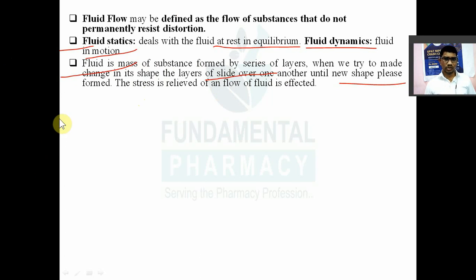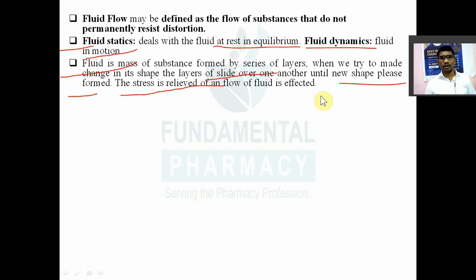Then the stress will be relieved from the newly shaped fluid, and the fluid will change its position, means it will get some kind of motion. So stress will be relieved and fluid flow will start.